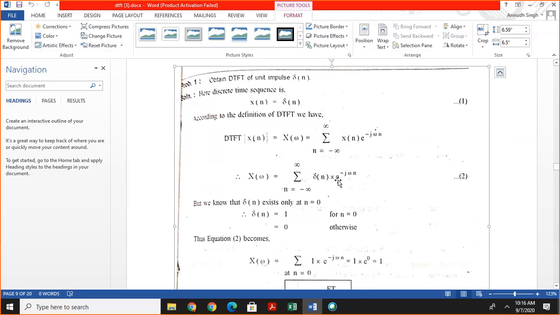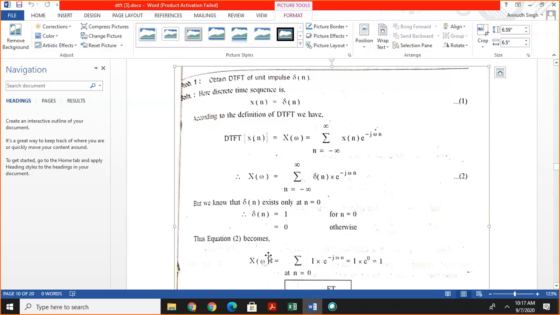We know that delta of n exists only at n equal to 0. Delta of n is 1 for n equal to 0, and it is 0 otherwise.